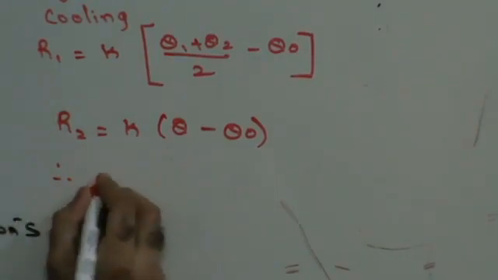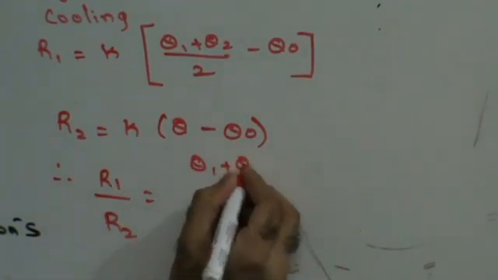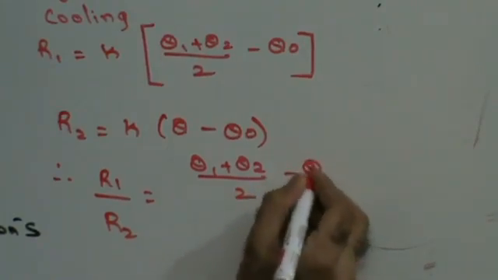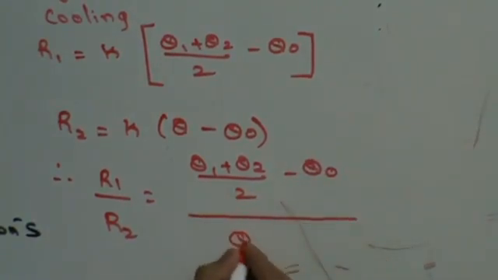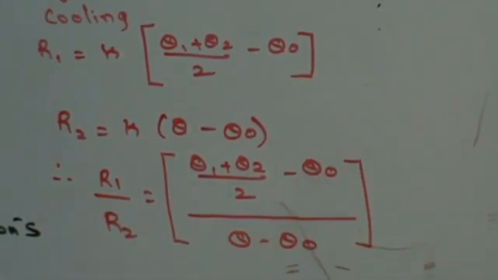If I divide the two equations, I'll get R1 upon R2 is theta 1 plus theta 2 upon 2 minus theta 0 divided by theta minus theta 0. If you substitute the values, you have R1, you have R2 is 1/4 R1. The only unknown is theta, so you'll come to know at what temperature it is going to cool at 1/4 the initial rate. Right? The answer for this should be 39.5 degrees Celsius.